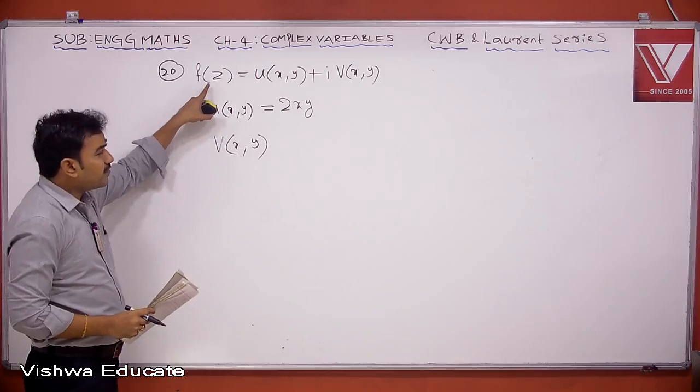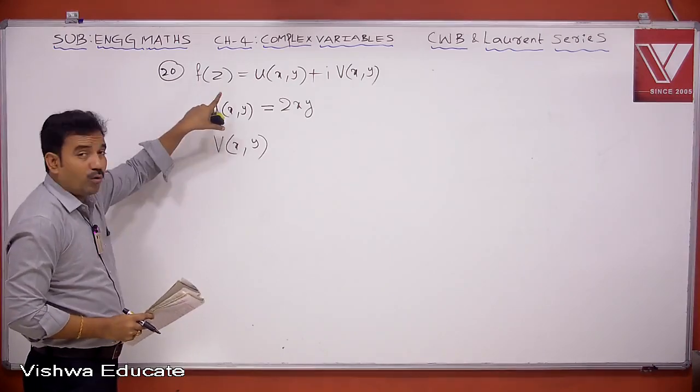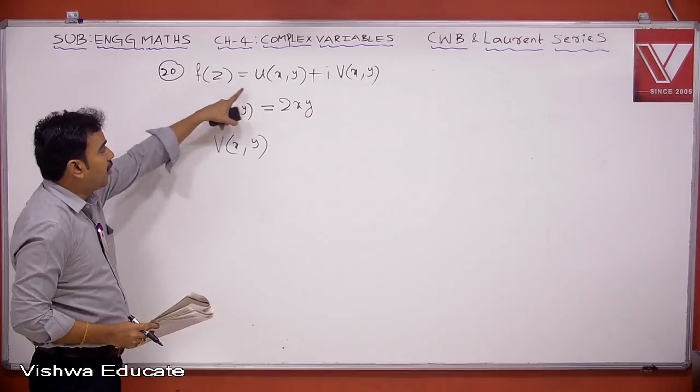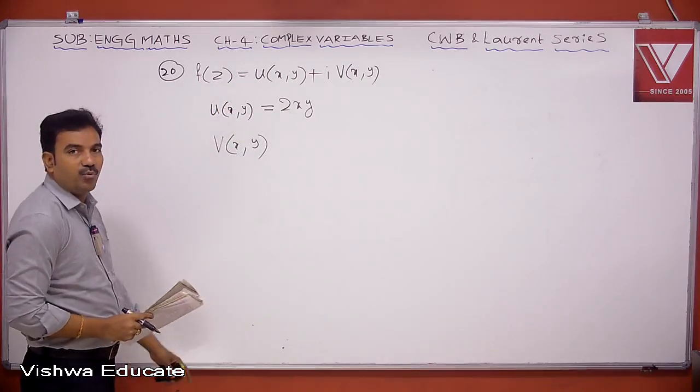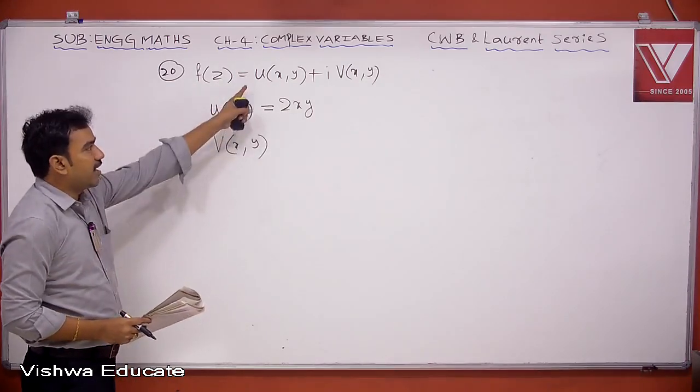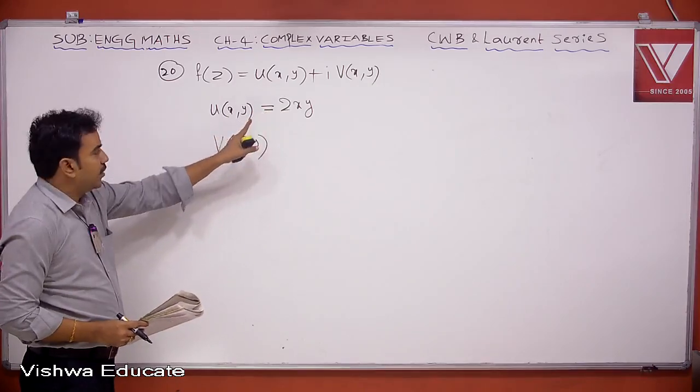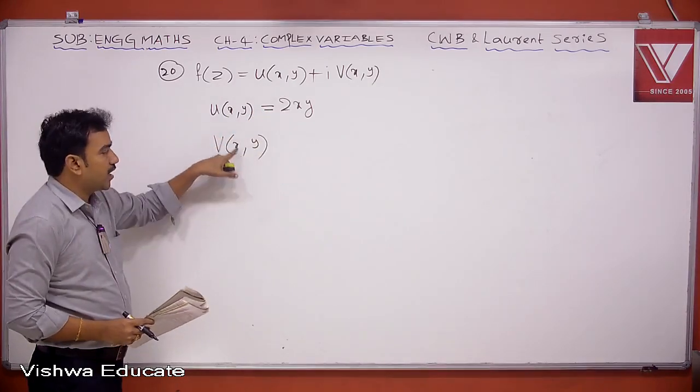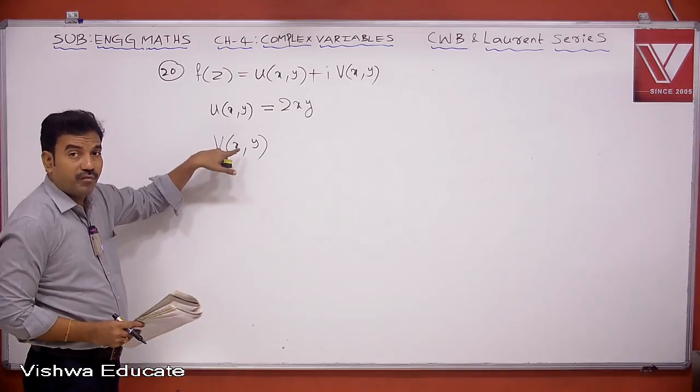Earlier we had a discussion about Cauchy-Riemann equations. It is given as an analytic function, u is given as 2xy. Then what can be the value of v in terms of x and y?